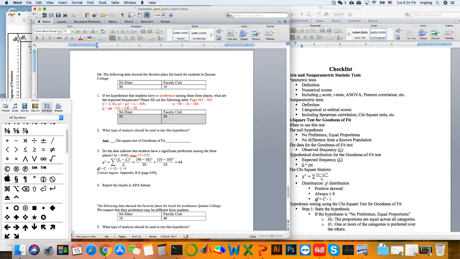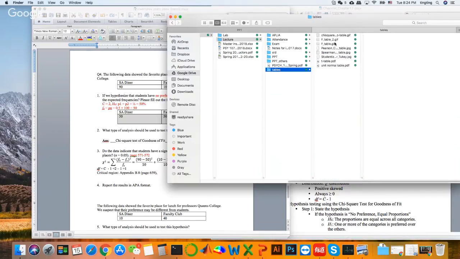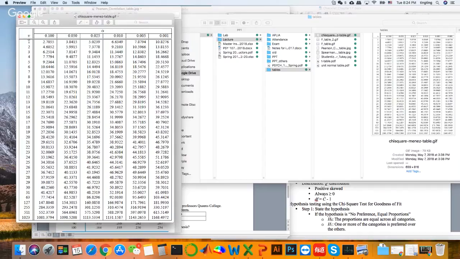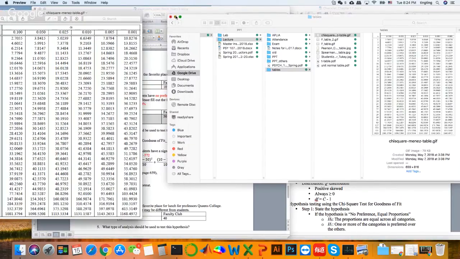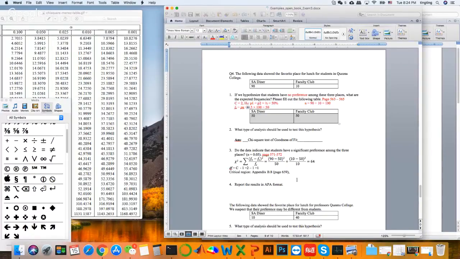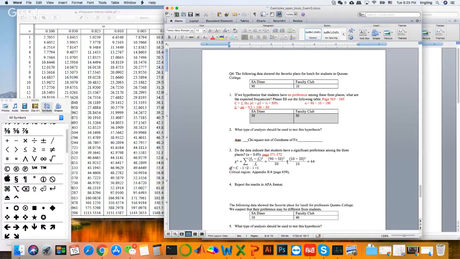So it should look like this. So this is a df. Degrees of freedom is 1, and alpha equals 0.05.